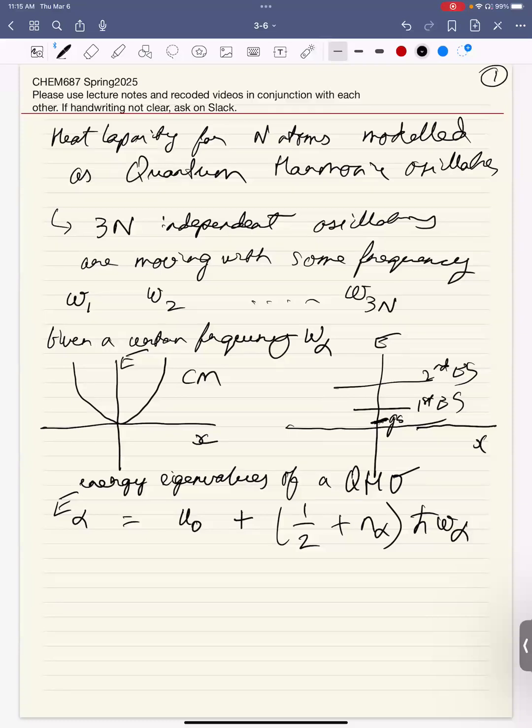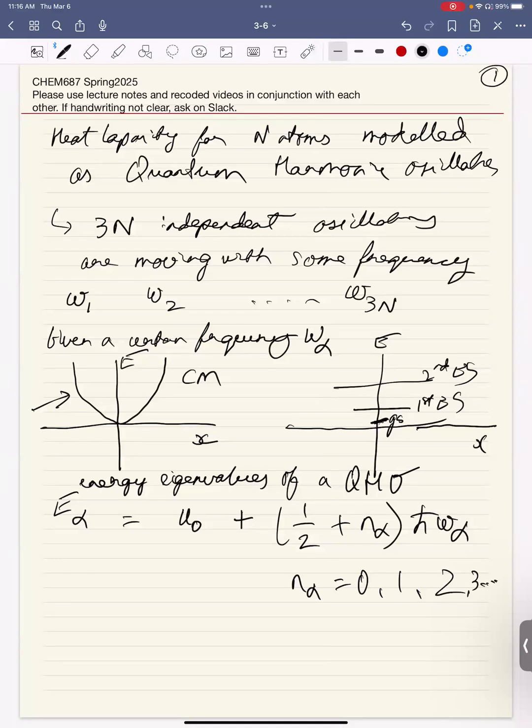But given a certain frequency, depending on which state that oscillator is in: in the classical one, you are just moving along this curve. And in this quantum one, you are also in a sense moving along the curve, but it leads to quantized energy values. So n alpha can be 0, 1, 2, 3, and so on. So this is the problem we are going to deal with.